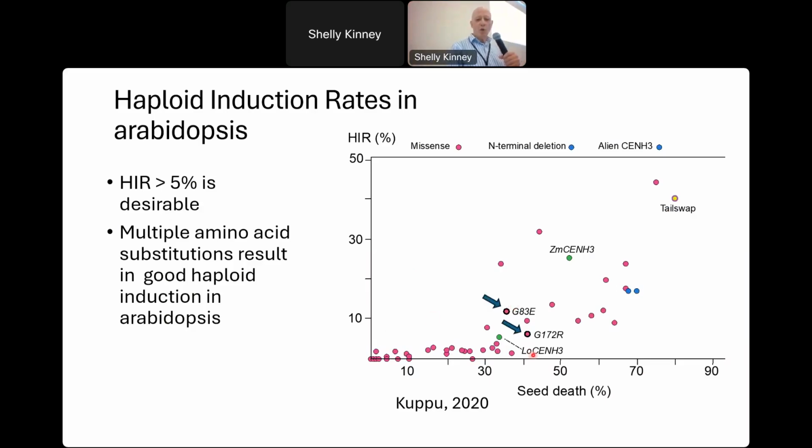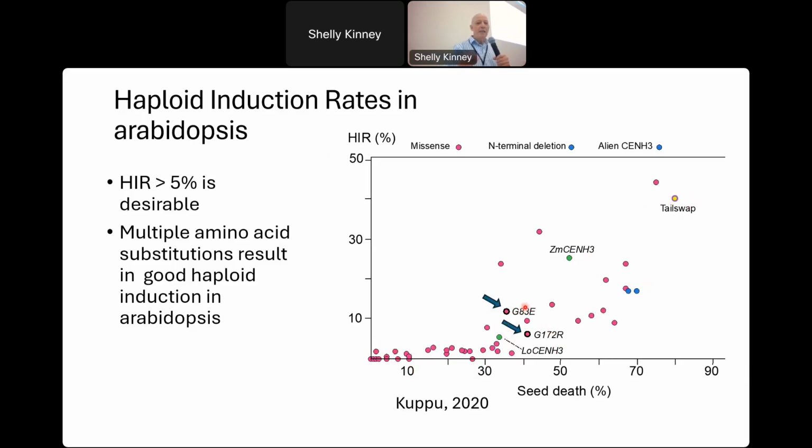And here they're shown, plotted, seed death versus efficiency of haploid induction. And you can see that you go along here more and more. You reach a critical level of seed death, and then boom, up you go, and you start making haploids. This is the tail swap up here by comparison.